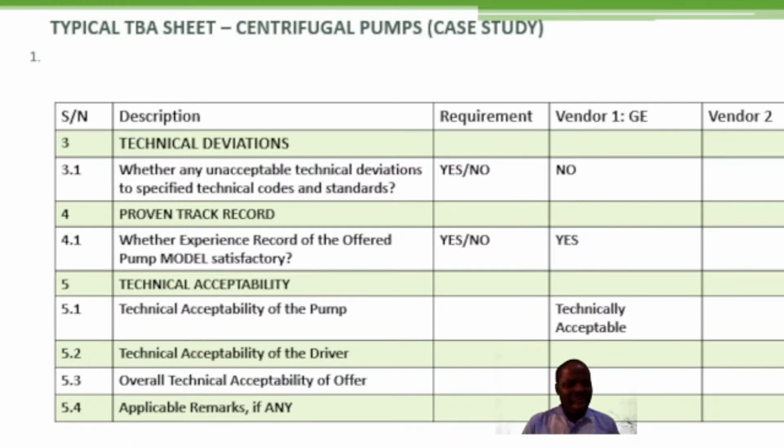All right, so these are some of the things that you need to look out for when you are doing technical bid analysis sheets. You know, there are so many terminologies that I make reference to in this session. So probably if this is the first time, if you're young professionals or you want to refresh your knowledge about centrifugal pumps, you want to know how to check.